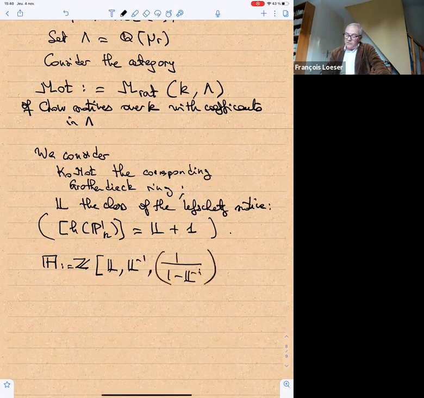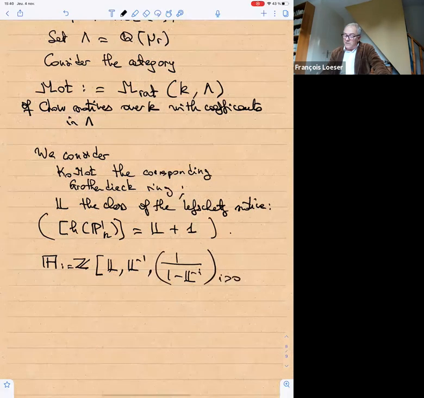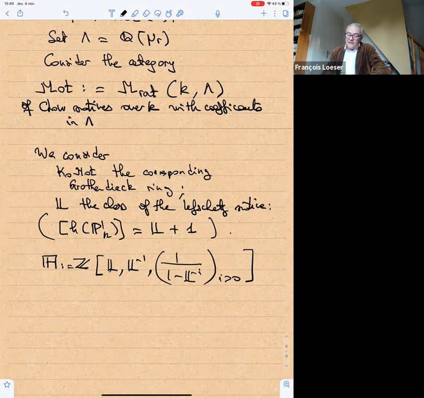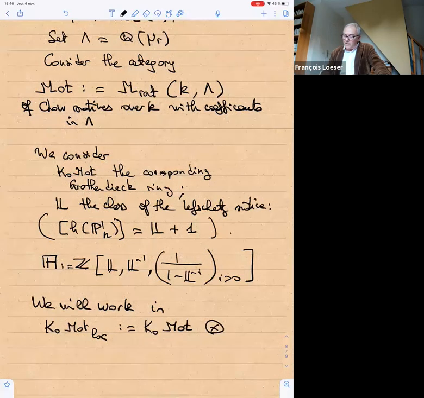So namely, we consider this ring. Here you can view L as just a formal symbol. And we will localize the ring, and so we will work in what I will denote like that, the localized ring, just by tensoring with A over this polynomial ring.